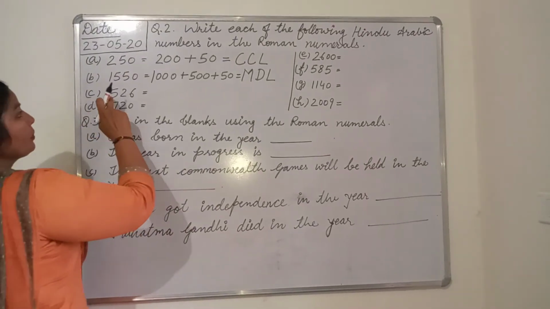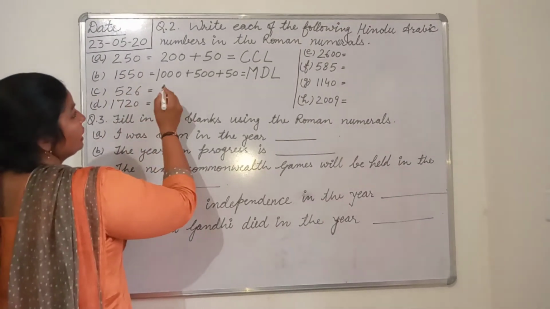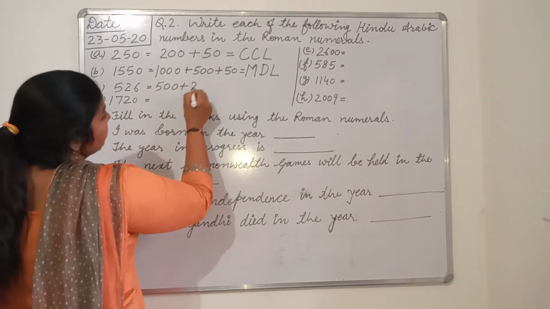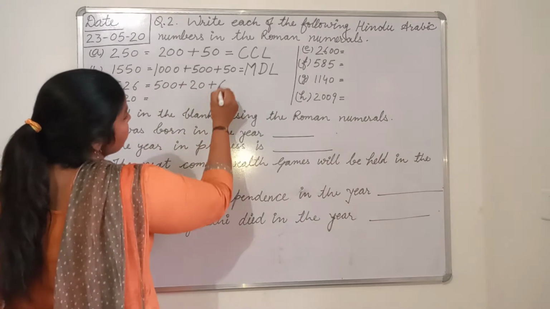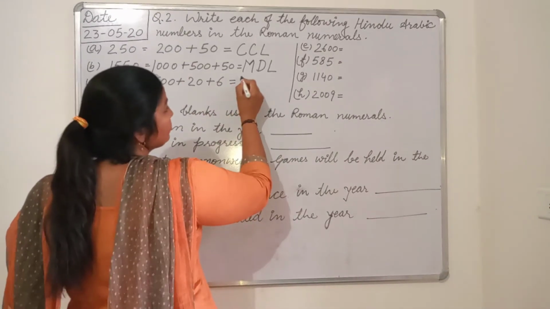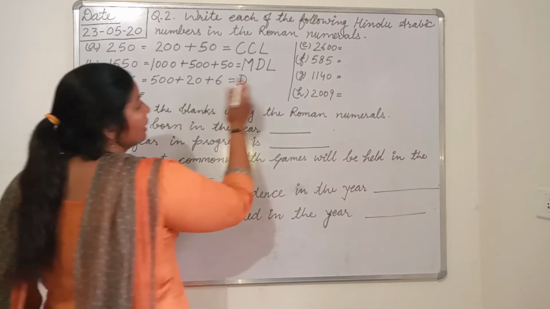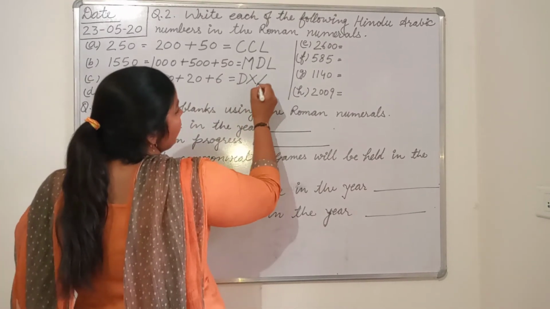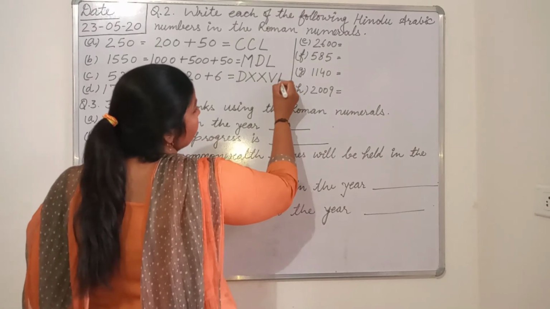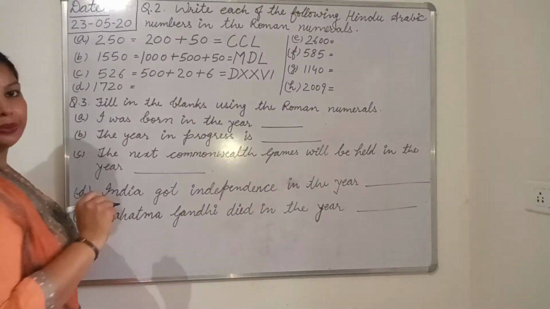Next C part, 526. So how we write? 500 plus 20 plus 6. So for 500 what we use? D. For 20 X. For 6 V I. So like this we have to do.